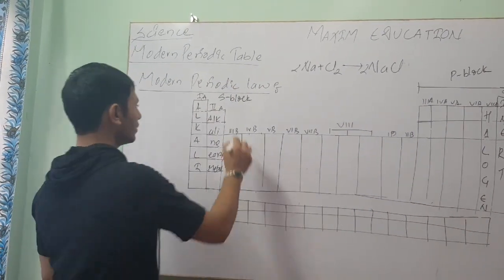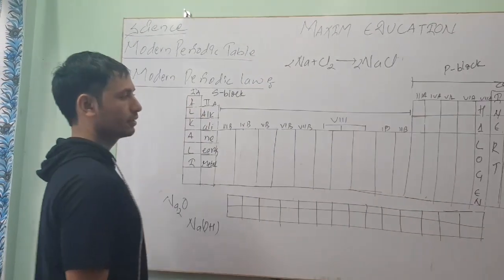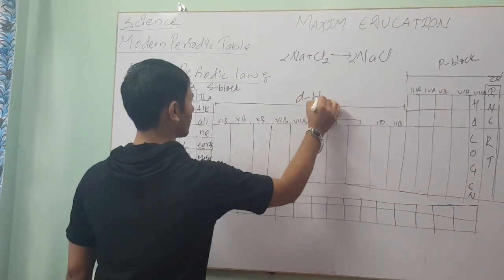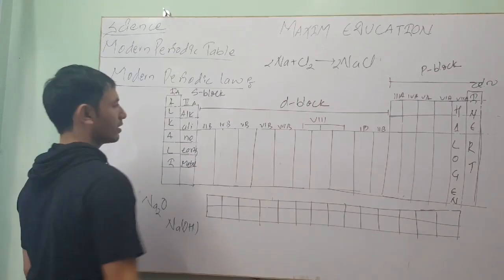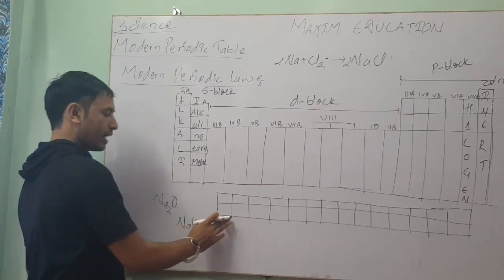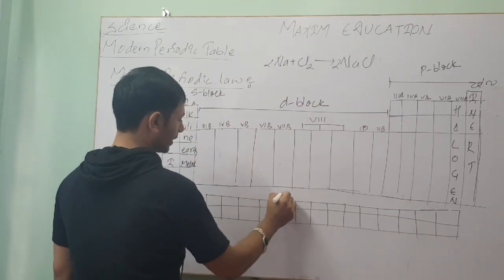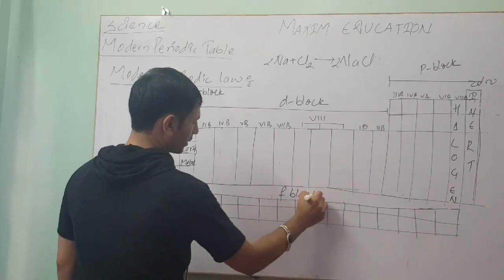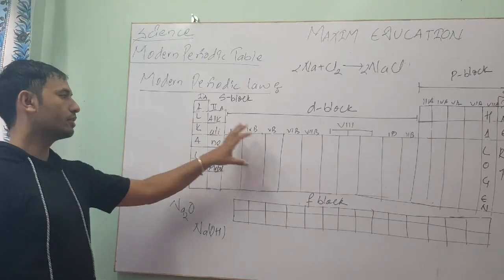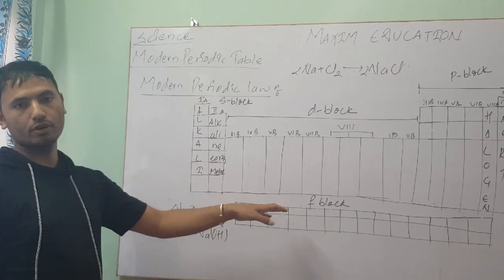The elements of subgroup B are called d block. In the same manner, their last electron is filled in the d subshell, and the elements of the lanthanide and actinide series are called f block because their last electron is filled in the f subshell. Like this, the elements are classified in the modern periodic table: s, p, d, and f block elements.